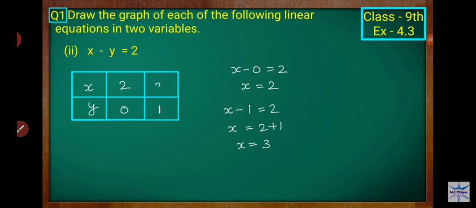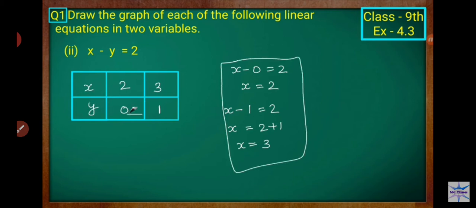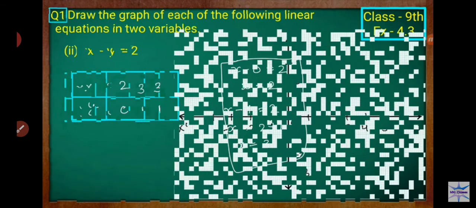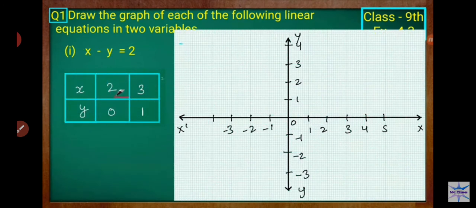Okay, so you have got two values of x and y. Now draw the graph and plot the points. What are the points? (2, 0) and (3, 1).